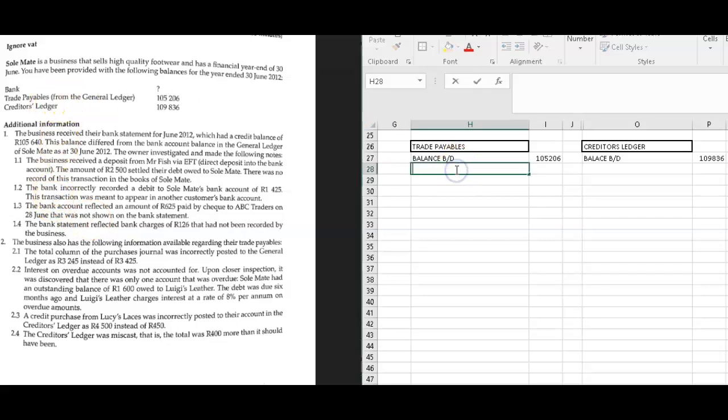So if you look at it over here, what will be the adjustment? Correction of error, and then what's the amount? So 3,245 instead of 3,425.